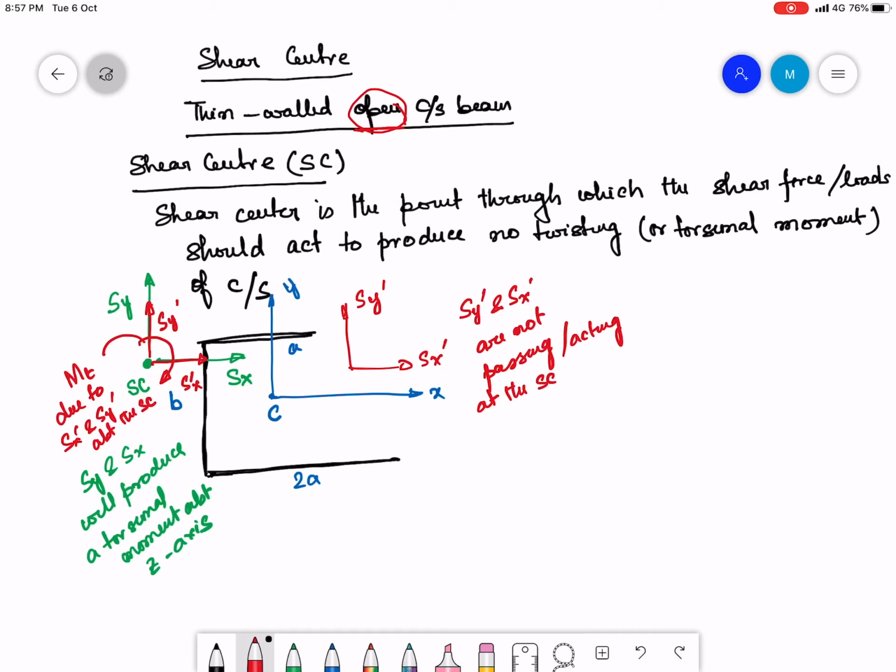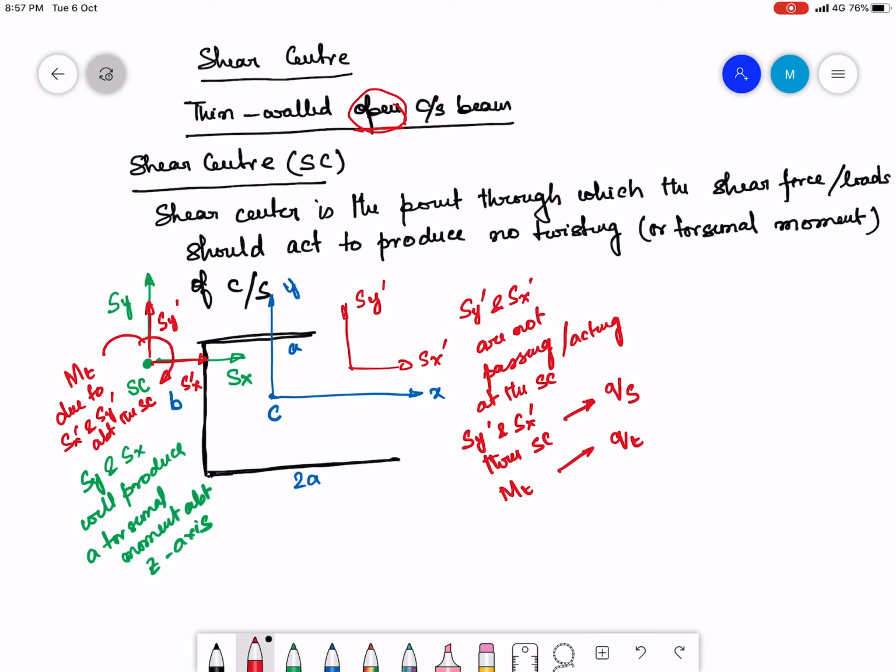So suppose for Sy dash and Sx dash through the shear center, I get a shear flow qs in the cross section, and for Mt I get a shear flow qt.